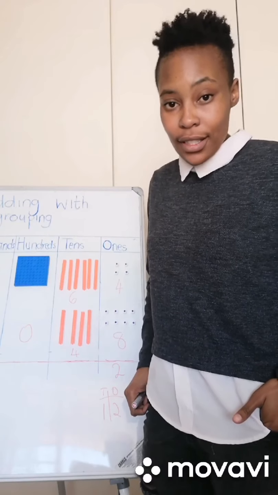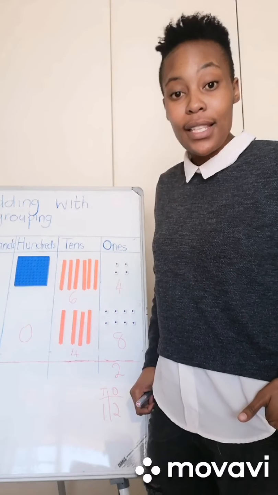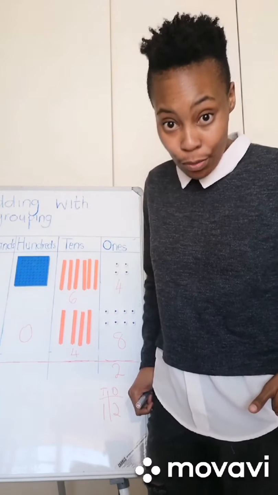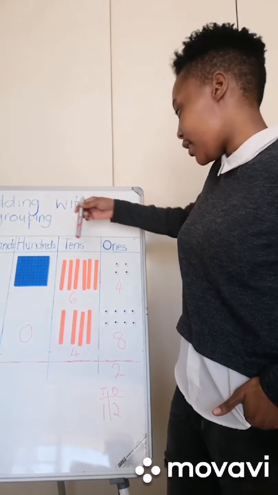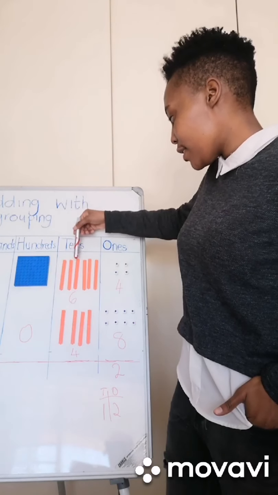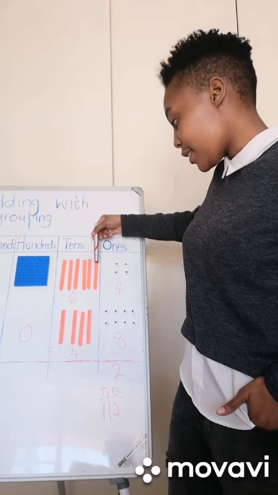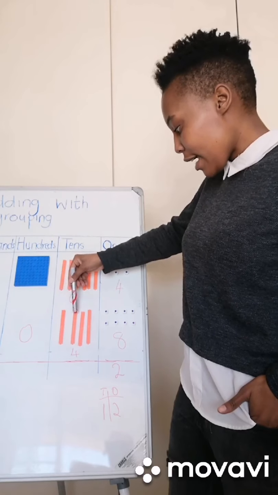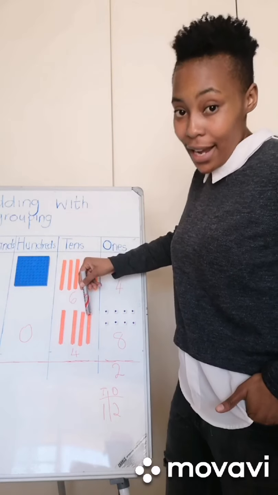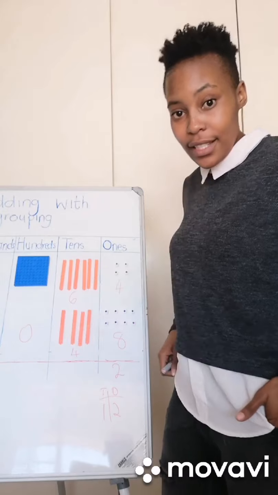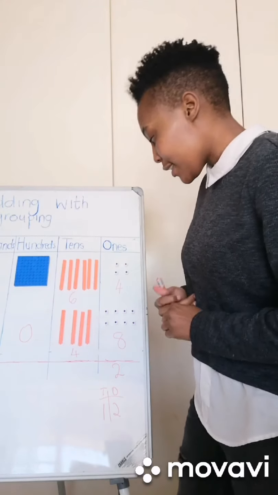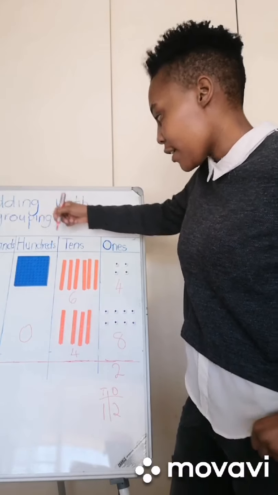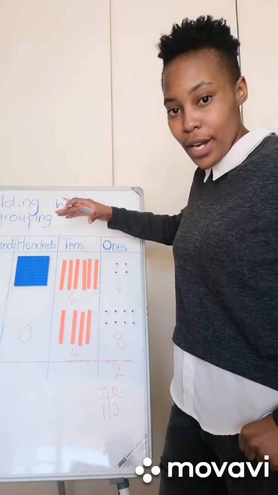We are going to count in tens in order for us to know what the answer is and why we are regrouping this number. 10, 20, 30, 40, 50, 60, 70, 80, 90, 100. This is when we regroup. So 10 tens give you 100.